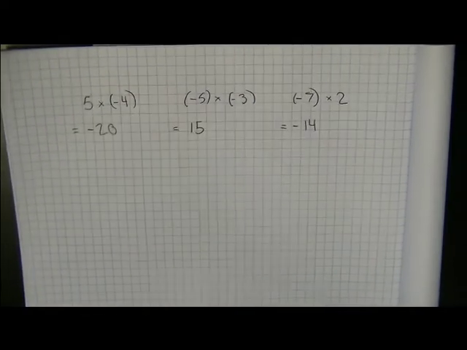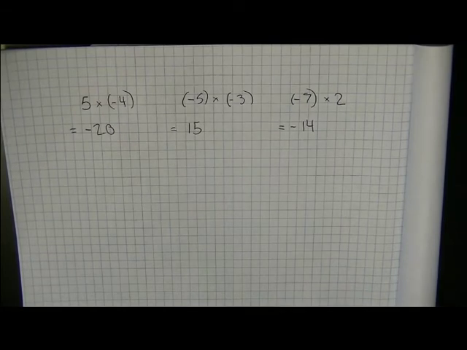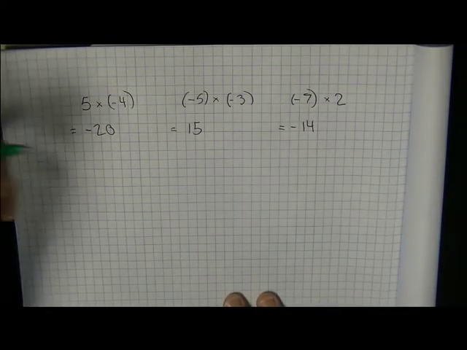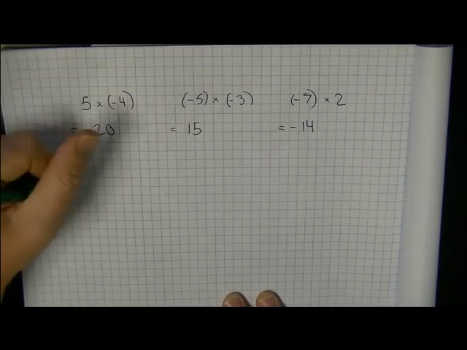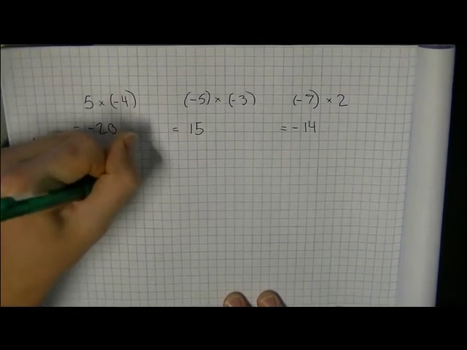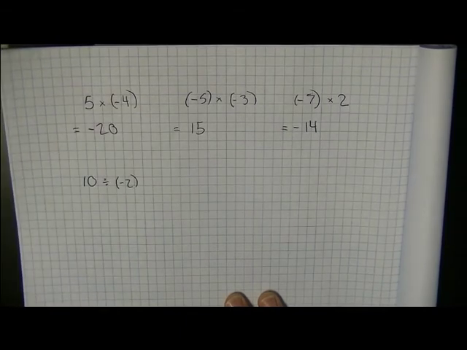Well, the thing with division, as we learned when we were working with fractions, is that division is just the same thing as multiplication, but we're multiplying by the reciprocal. Okay, so let's just do that real quick. Let's say I have 10 divided by negative 2, right?